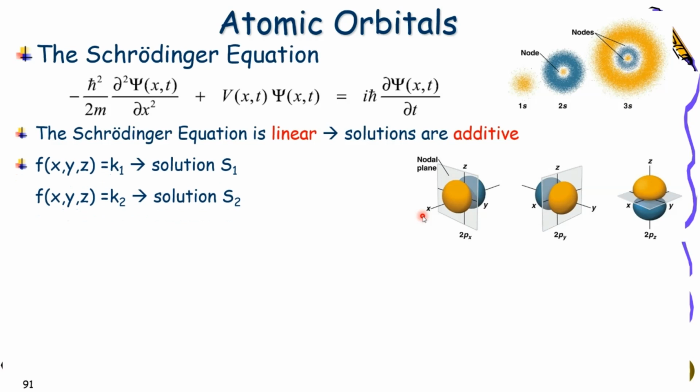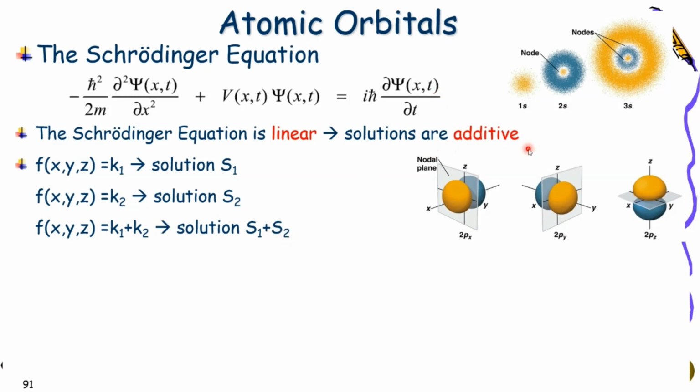For example, if you have a linear equation, function of x, y, z equal to k1, you got a solution of s1. And another equation is that function of x, y, z equal to k2, and solution is s2. And because this equation is linear, you can put these two equations together, and solution can be added up together.